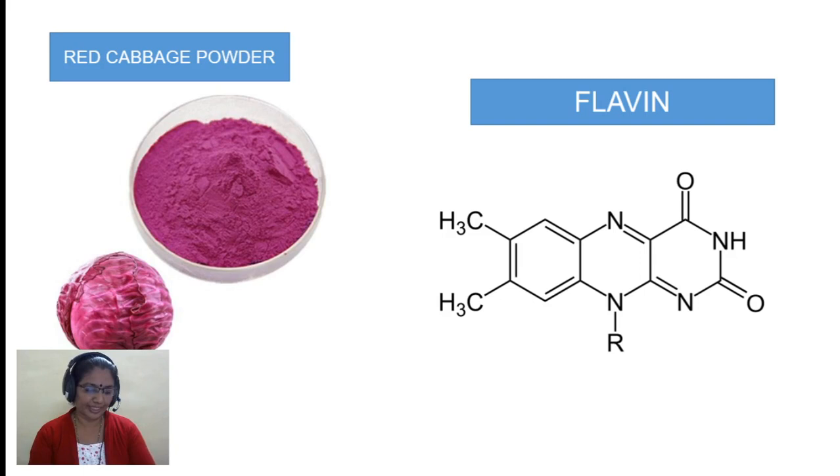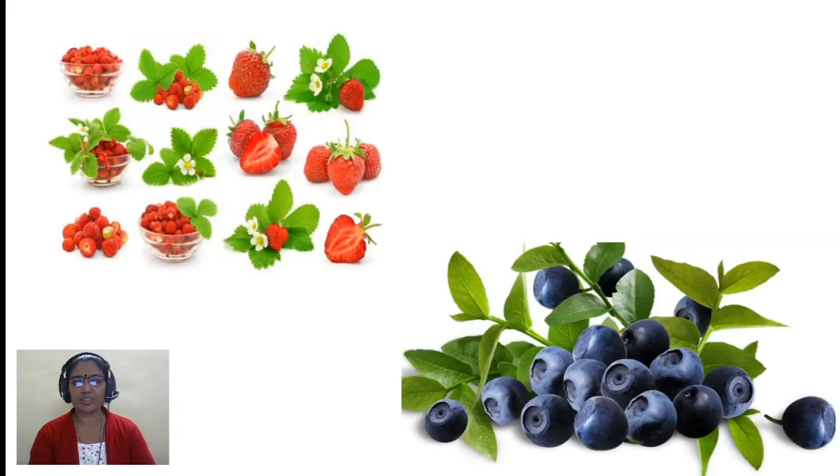Flavin is an anthocyanin which is soluble in water, and it is responsible for the color change in the pH paper. Not only from red cabbage, this flavin can also be extracted from berries like strawberries and blueberries.